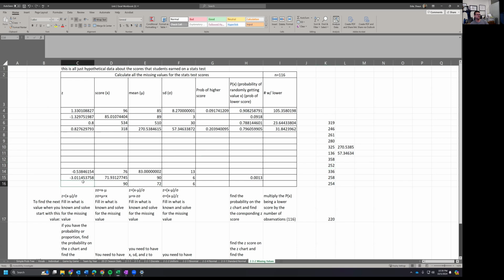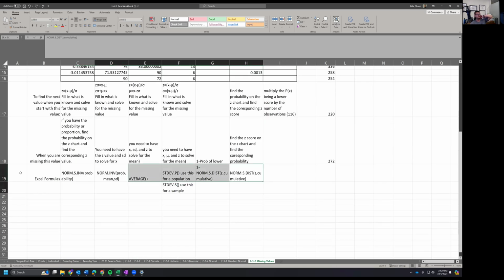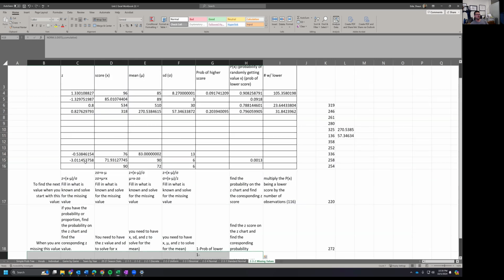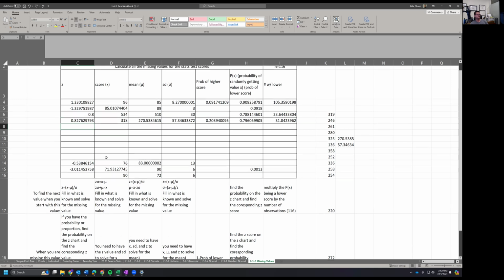What I would suggest on your formula sheet or whatever it is that you have, put this table, put something on there, and then put those Excel formulas in there. It's going to help you to solve for whatever's missing, so that you're not a deer in the headlights, like, oh my goodness, I don't know what to do. So that's how you use this, and it's a really good tool.